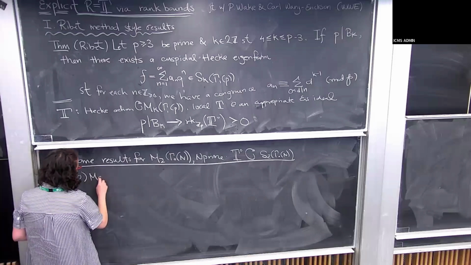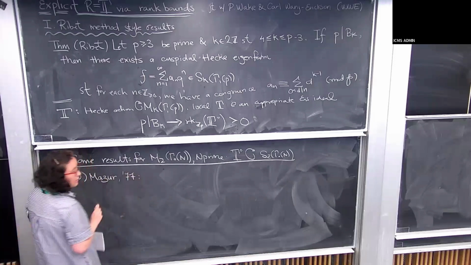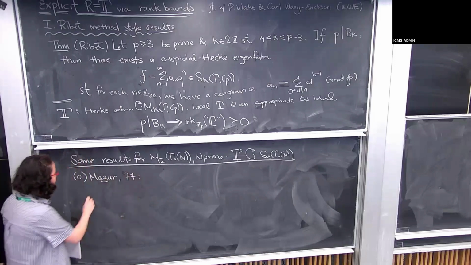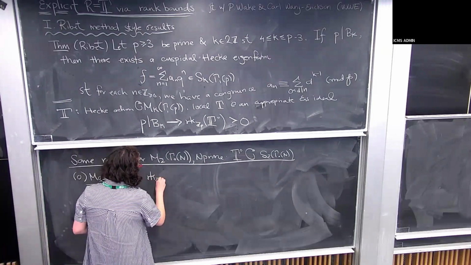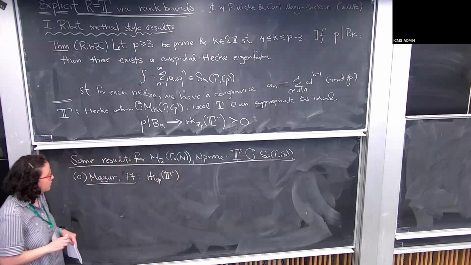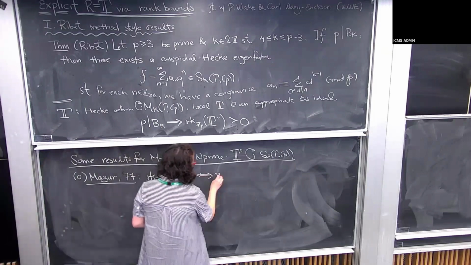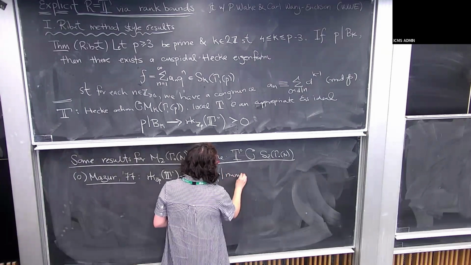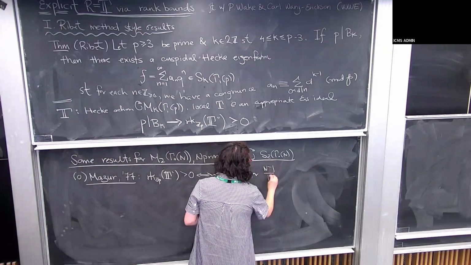A very famous result of Mazur in his landmark paper on the Eisenstein ideal says that the Z_p rank of this cuspidal Hecke algebra is strictly greater than 0 if and only if p divides the numerator of (N-1)/12.